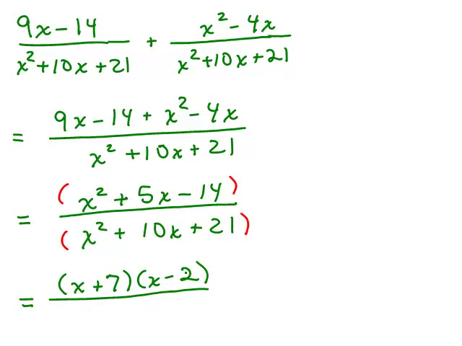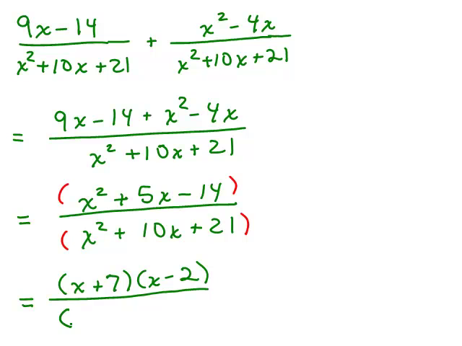Okay, now I'm going to give you a little hint. In the denominator, let's try doing this by trial factors. And if anything were to cancel, by the way, it would have to be an x plus 7 because of this last term being a 21. 2 isn't going to go into 21. So if this factors, there's not going to be an x minus 2, right?